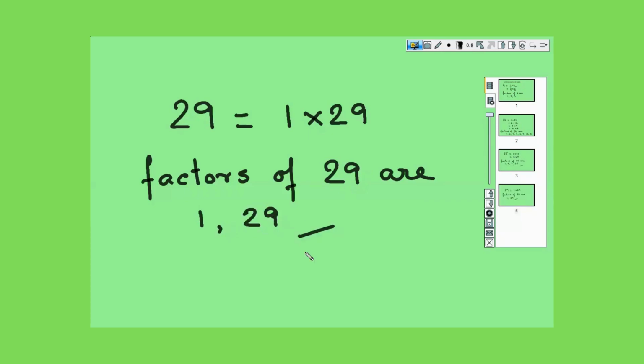So this is how we actually write down factors. Obviously, for writing down or knowing the factors, we have to know the tables in a proper manner. We have to know the tables, and then factors will become very easy.